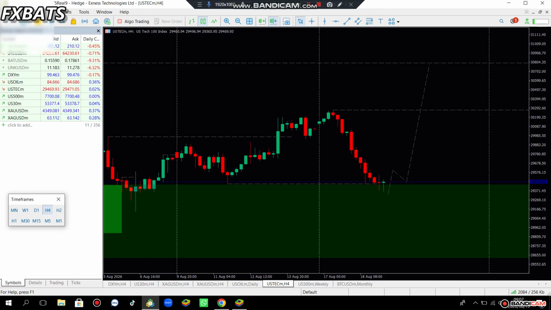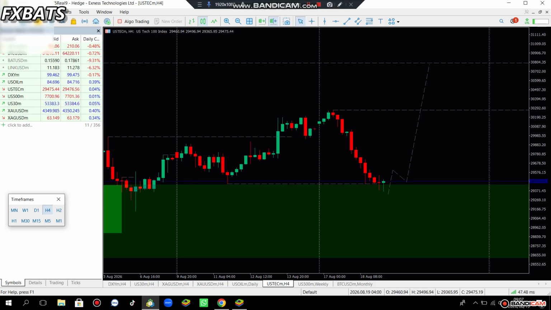So for you to be able to take a chance on this potential entry, wait for the H4 fair value gap to form, and it should be a bullish fair value gap. Once it forms, that's where you're gonna put your buy entries, and you're gonna put your stop loss below these swing lows.